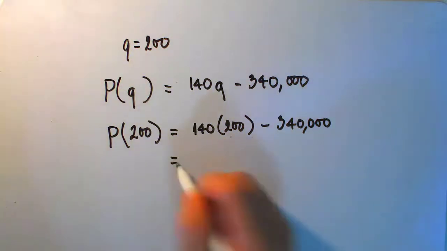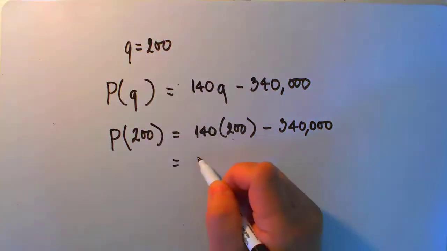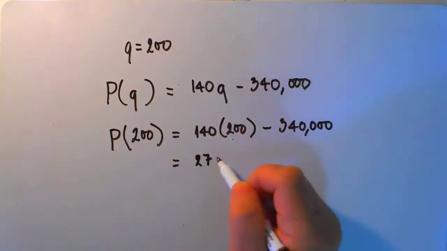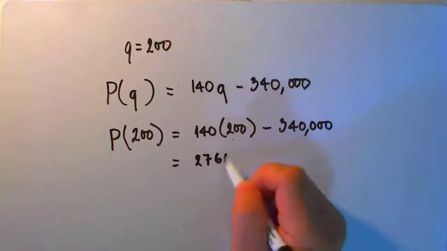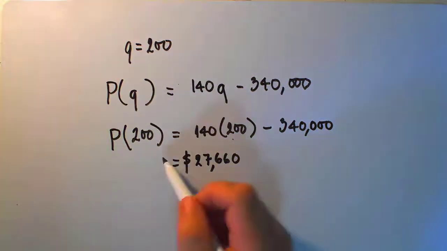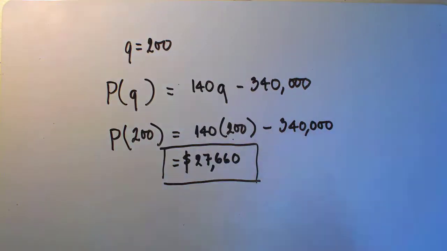So the calculation comes out to 27,660. And that is how much profit they have made for selling 200 P phones.